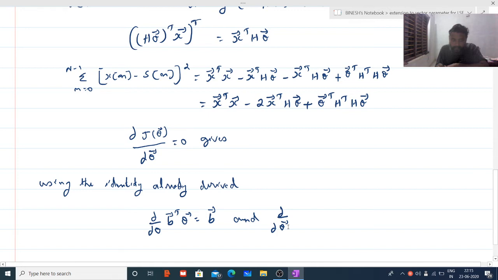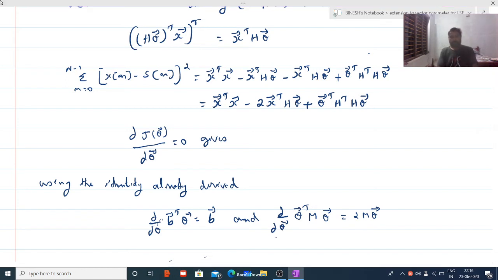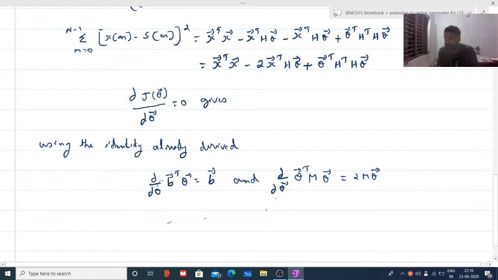So, and dou by dou theta of what? I think that derivation is that dou by dou theta of theta transpose m theta, here m is nothing but h transpose into h, which is nothing but 2 into m theta. This is the identity that we had derived in the previous case. Okay. So here m is nothing but h transpose into h.